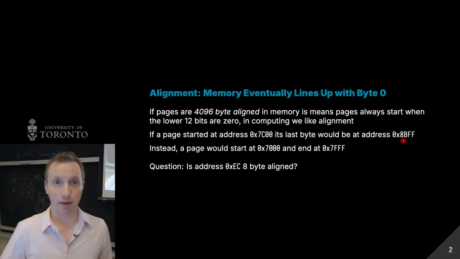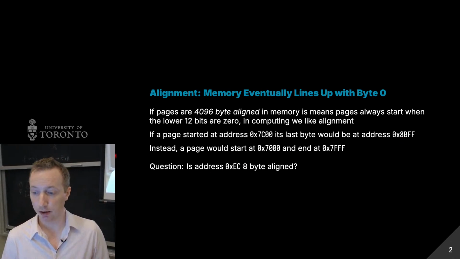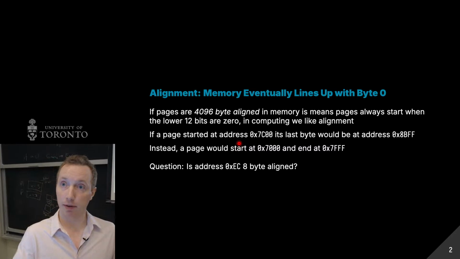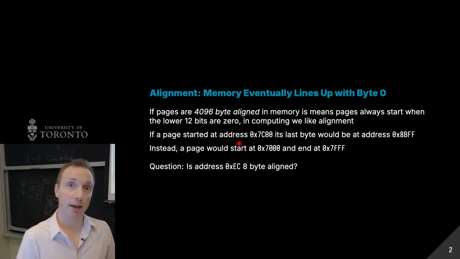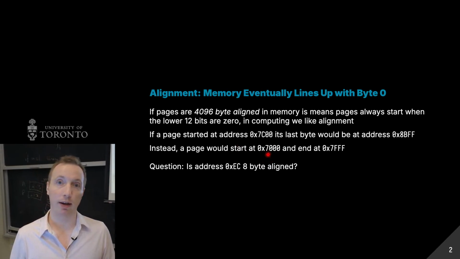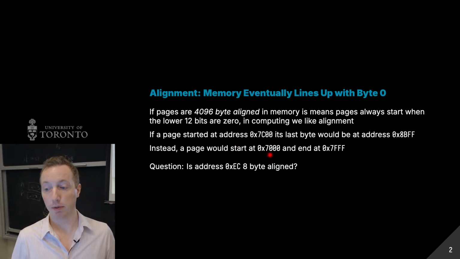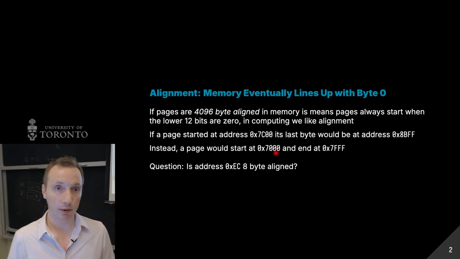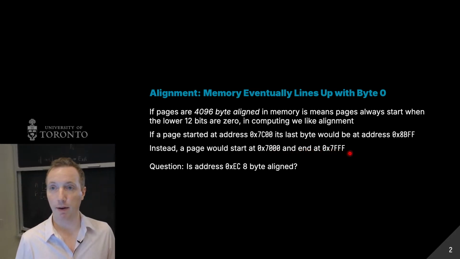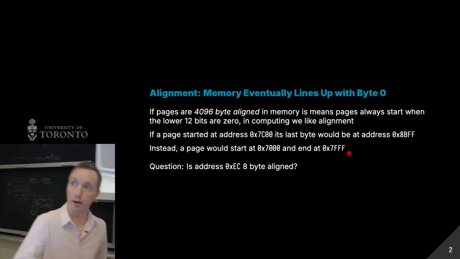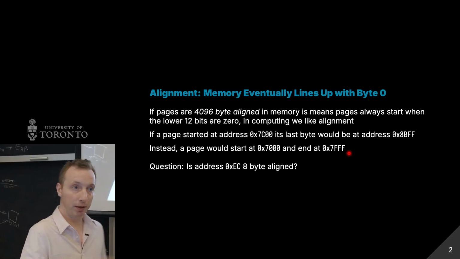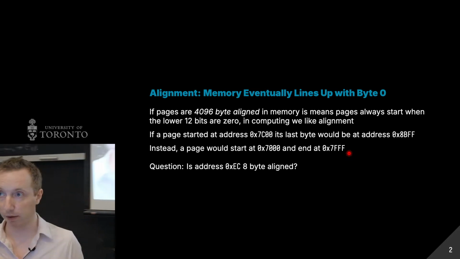But because everything is page aligned, if we get physical page number 7, we know that page starts at the address 7000, because it needs to be a multiple of that, and it would end at 7FFF. It essentially goes through every option of those 12 bits while keeping the beginning part the same.